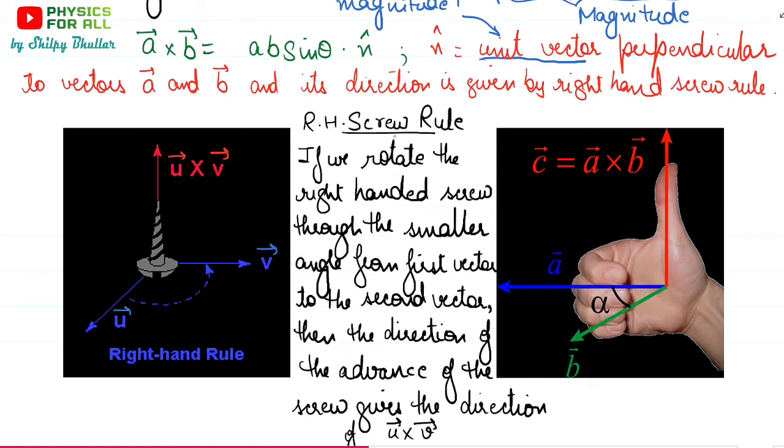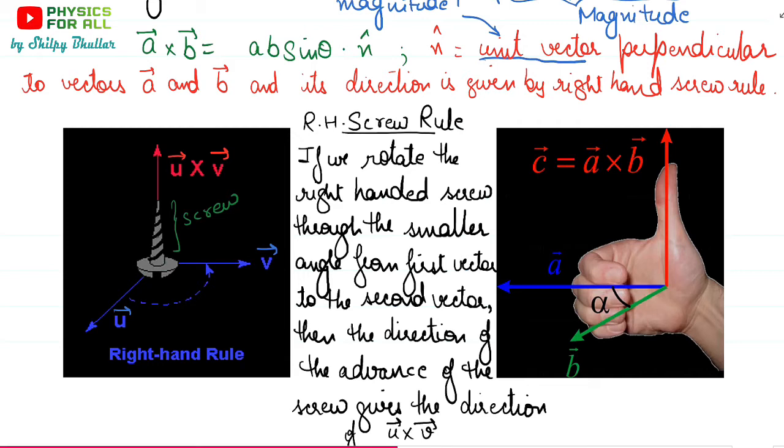So the right hand screw rule states that if we rotate the right handed screw, so here we have a screw and we are holding it in our right hand. You can see that the broader part of the screw is downward and the pointed one is upwards.